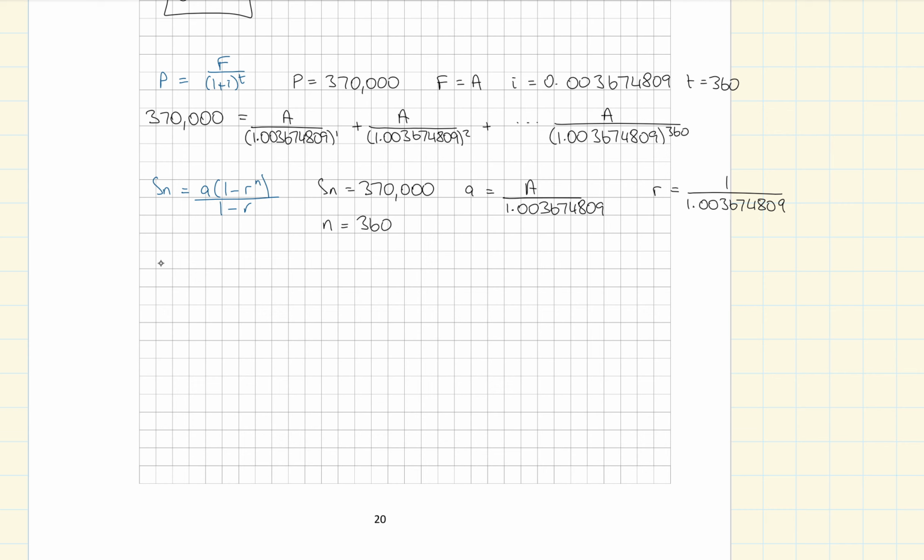Okay, so our goal here is to solve for A. So we get 370,000 equals A over the interest multiplied by 1 minus r to the power of n all over 1 minus r.